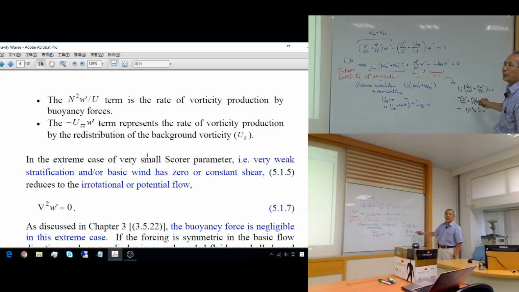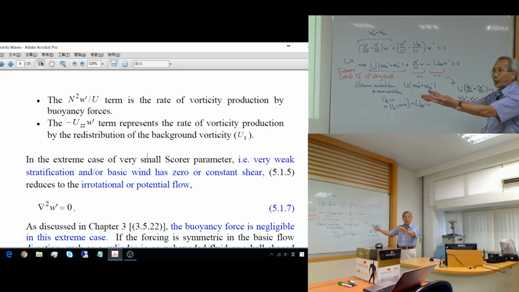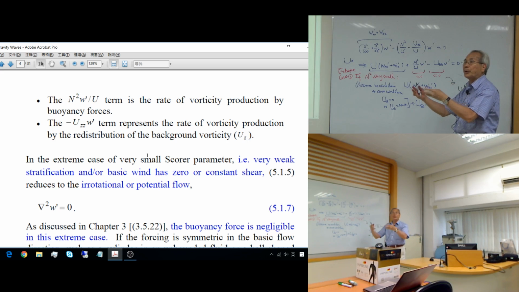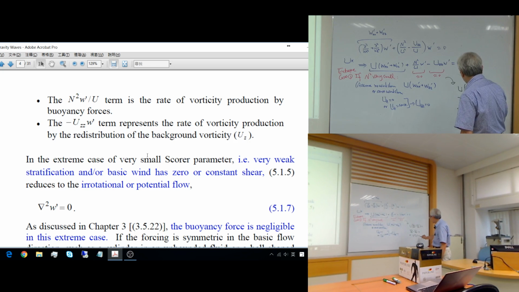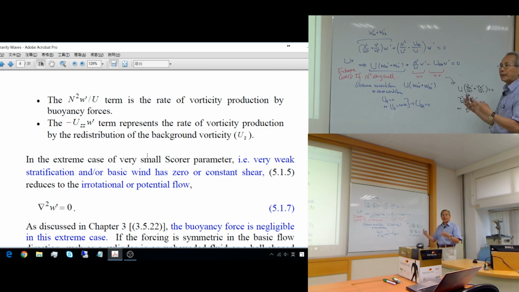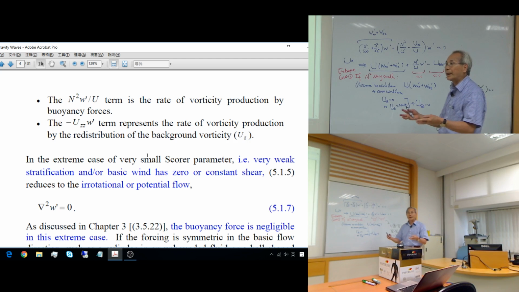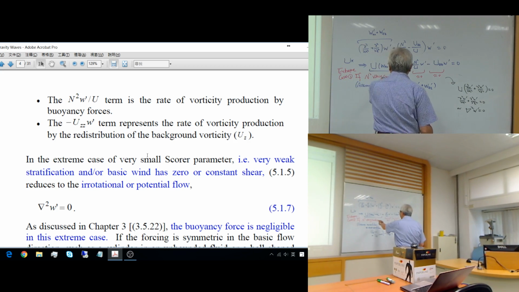And this is called what? We discussed this before. So now you bring back what you learned earlier. When we talk about pure gravity waves, this is representing the potential flow, or irrotational flow. So this is the extreme case.